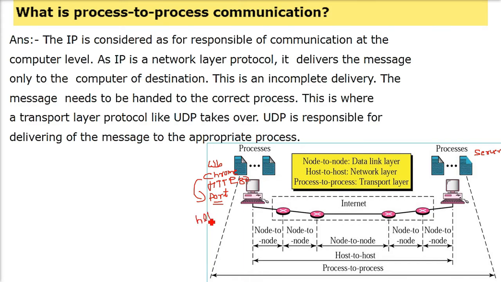HTTPS has port 443. HTTP is 80. So now you have to communicate to that web server process, which will have a port. You will ask for 80 because you want to do web communication on the network. So these are the processes.